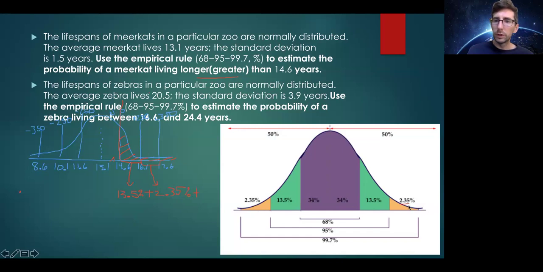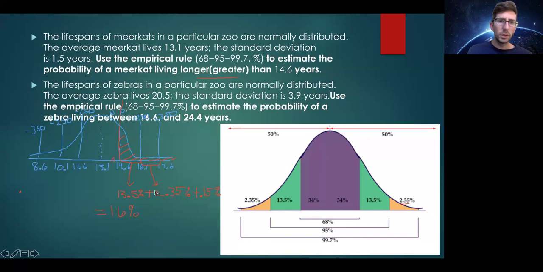And then don't forget from our last slide, we know there's still 0.15% beyond 3 standard deviations above the curve. So now all we have to do is add these together and we'll get 16%.